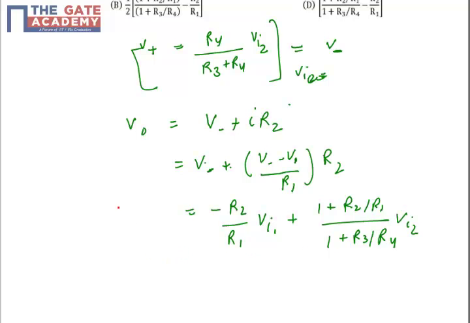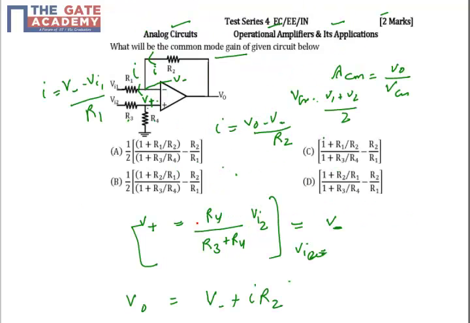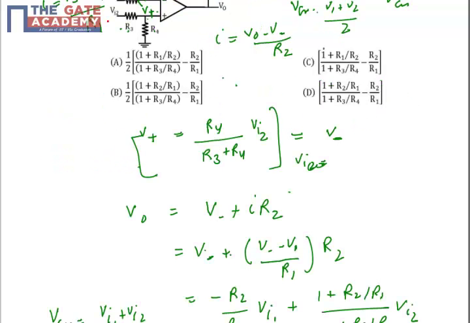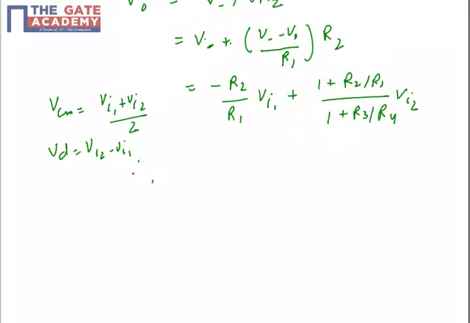Because it's an op-amp, we know that the common mode voltage VCM will be (VI1 plus VI2) by 2. And the differential voltage VD will be VI2 minus VI1, because VI2 is the voltage at the non-inverting terminal, so the differential voltage is the non-inverting voltage minus the inverting voltage.